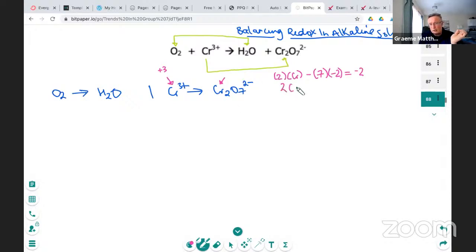So finish this off real quick. 2 chromiums minus 14 is going to be -2. So yeah, each chromium is going to be +6. Now, like I mentioned last time, chemists, there are certain common oxidation states you just need to know. We talked about how oxidation states are variable for transition metals and for non-metals because it has to do with the number of valence electrons they have outside the noble gas core.